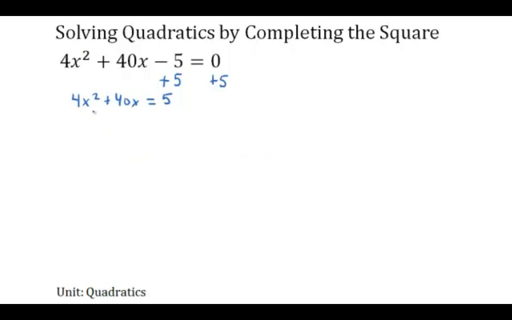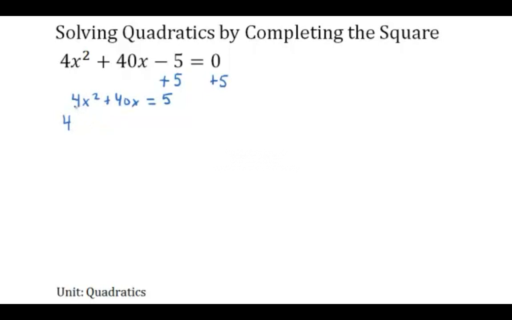Now, this is where we'd normally work on completing the square. I usually call it the fill in the blank step. But before we can get to that, we have to deal with this leading coefficient of 4. What we're going to do is factor it out of this binomial over here.